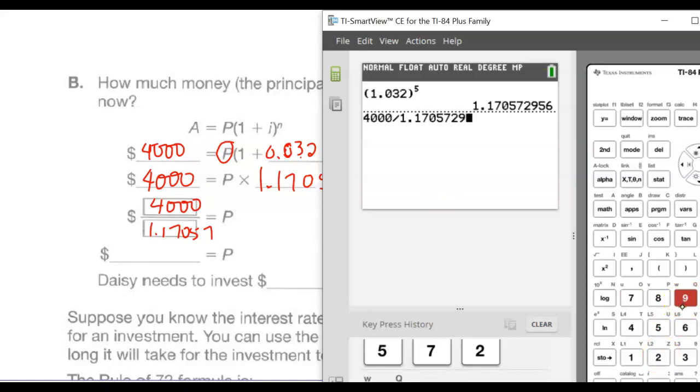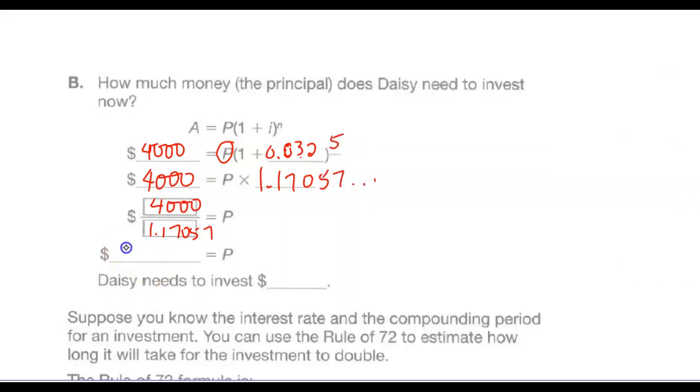So I'm just copying what I see. And that would be $3,417.13. Essentially, if we rounded to the nearest dollar, 3,417.